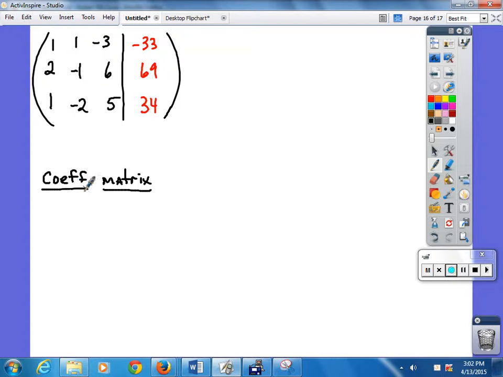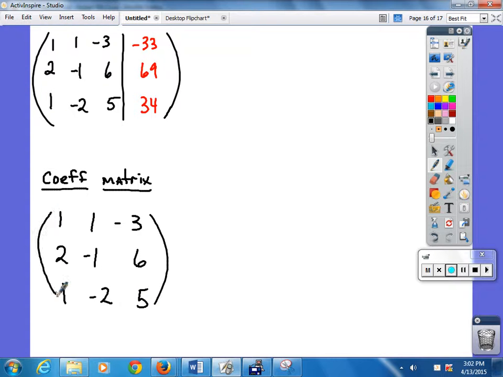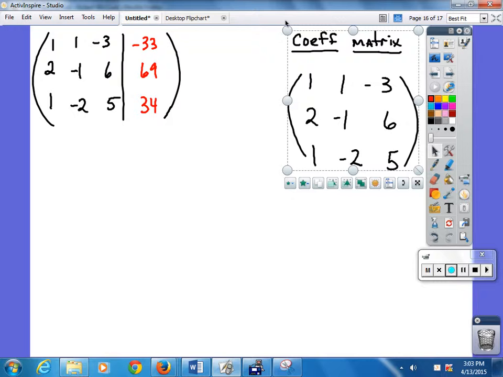In other words, the coefficients of all your variables, we're going to call it the coefficient matrix. 1, 1, negative 3, 2, negative 1, 6, 1, negative 2, and 5. Okay? We're going to take that guy and pull it over here to the right, and put it right out to the side of the coefficient matrix.